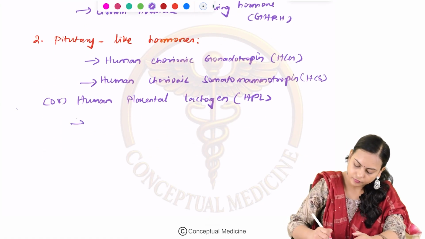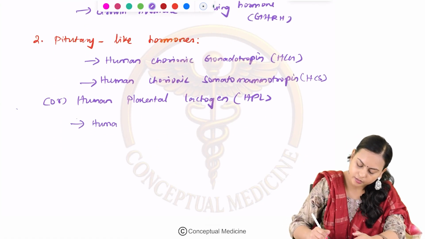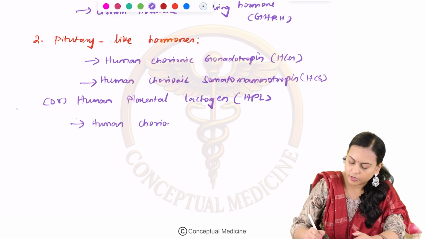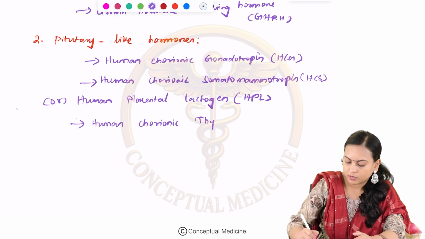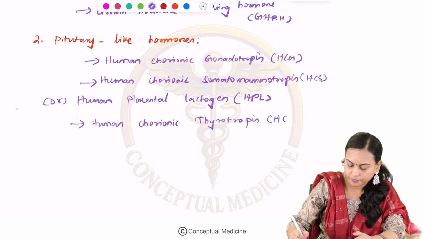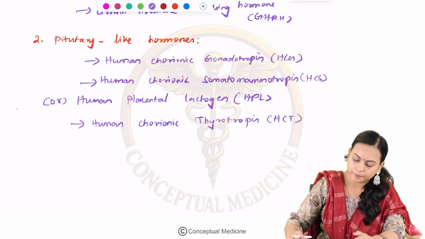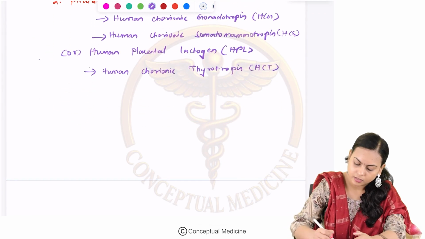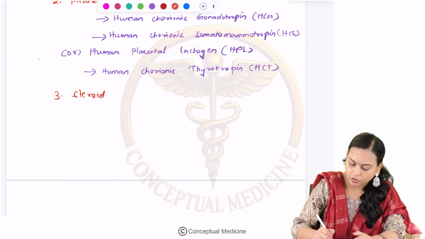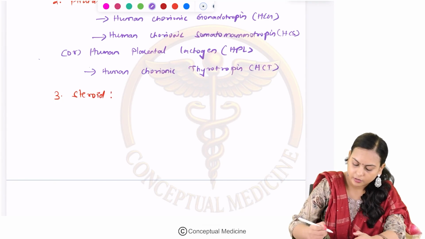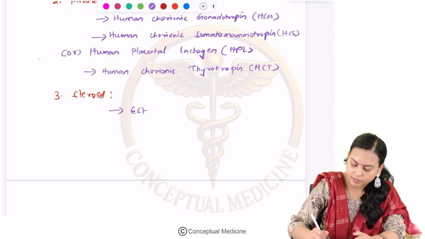Then human chorionic thyrotropin. Then it secretes some steroid hormones as well. We know about this already.